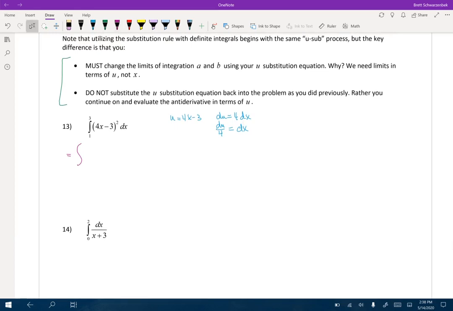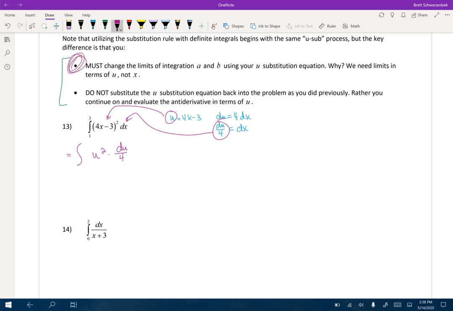But we are going to continue and do what we normally do. So u goes here, we get u squared, and du over 4 replaces dx, and we get this. Okay, now, notice that every variable in my new equation is u, like it normally is. All the x's are gone. That is the key concept with this right here.